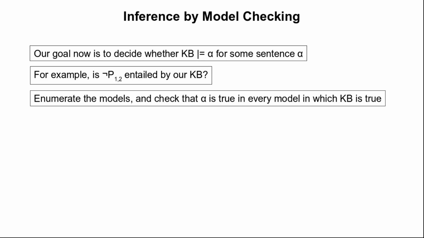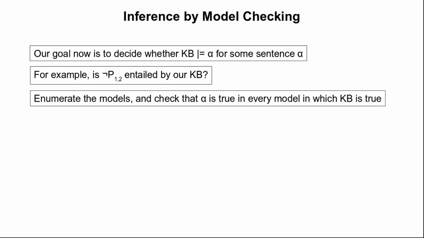Now in today's class we will perform the inference by using an algorithm called model checking. Model checking we have also studied in one of the earlier classes, and how it works is it enumerates all the models and checks whether alpha is true in every model in which KB is true.